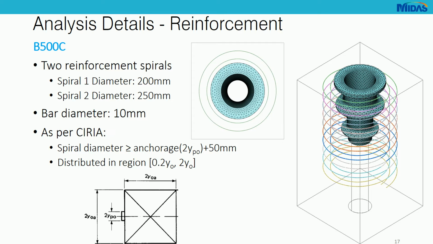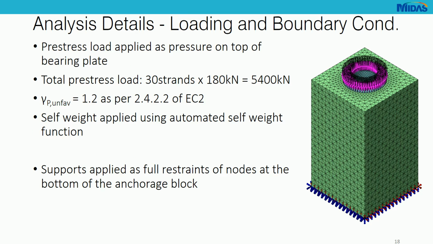Now for the analysis details, as I've mentioned, we've considered the concrete block and the Anchorage block and the bearing plate, so the trumpet. We have applied the pre-stress load as a pressure load on the top of the trumpet, just for simplicity, and a total load of an equivalent of 30 strands, tensed at 180 kilonewtons.